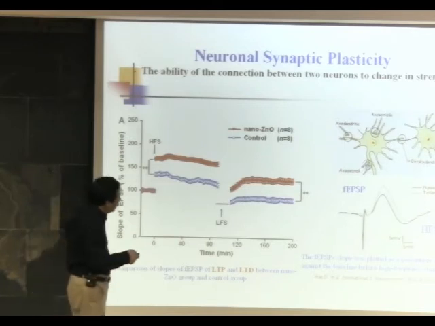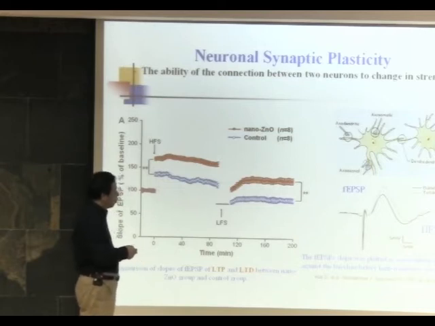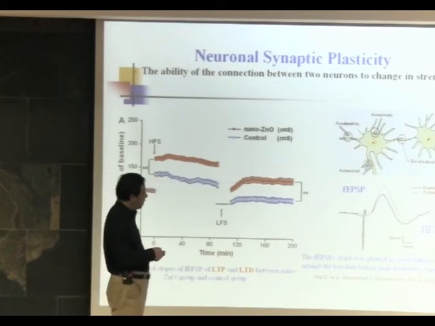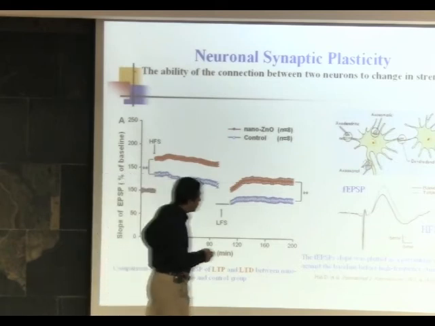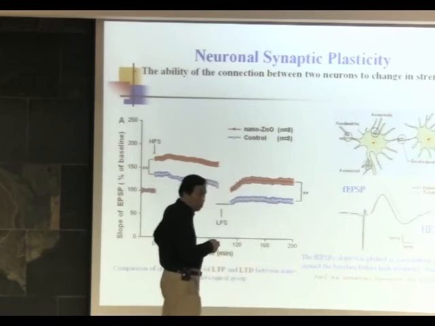This figure shows two neurons. This one we call the presynaptic cell, this one the postsynaptic cell, and this is the dendrite. This is the connection.